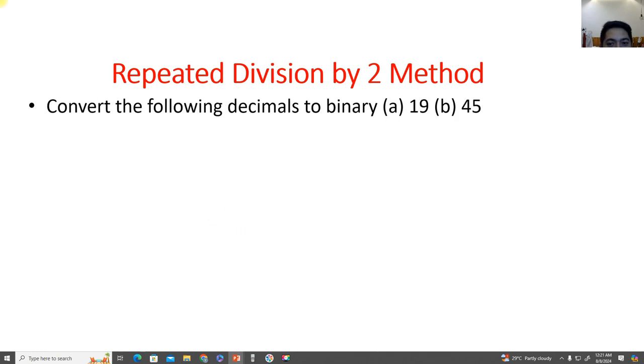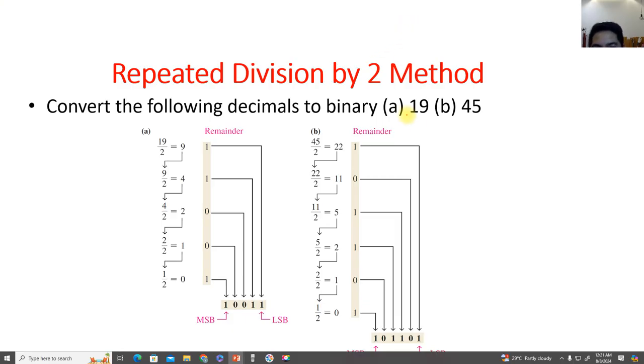So, convert the following decimals to binary. Of course, if we do that for number 19, 19 divided by 2 is 9, and you have a remainder of 1, because 9 times 2 is 18, plus 1, that's 19.